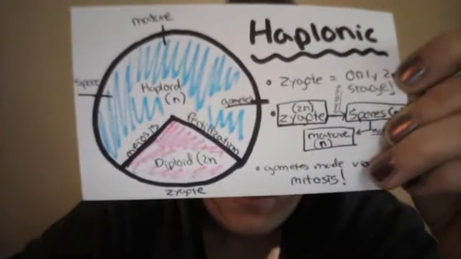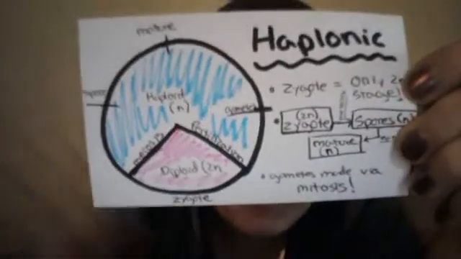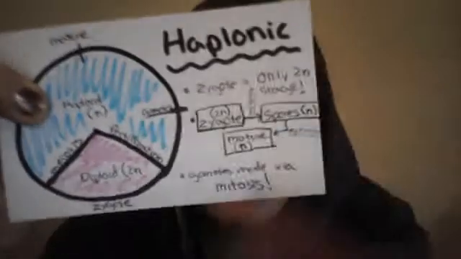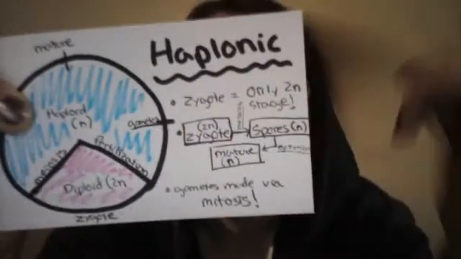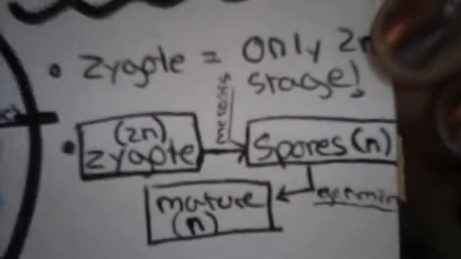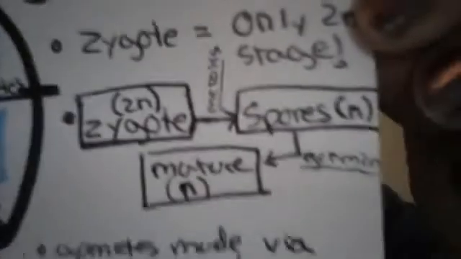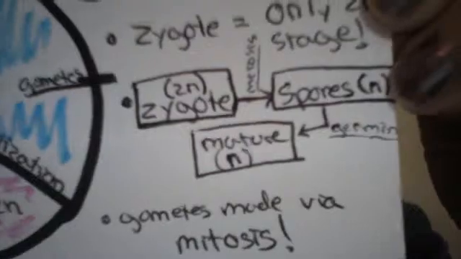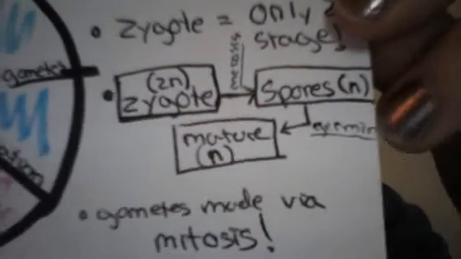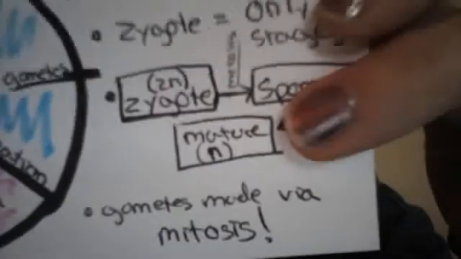That's why they're haplonic, because they're almost always haploid, with the exception of the zygote. Alright? The zygote, via meiosis, leads to spores. Whenever I do arrows, usually that means leads to. Alright? And then I wrote little, it's really hard to see, but you can see there, I wrote meiosis. So it says the zygote, which is 2N, through meiosis leads to spores, which are haploid, which through germination leads to a mature haploid organism.